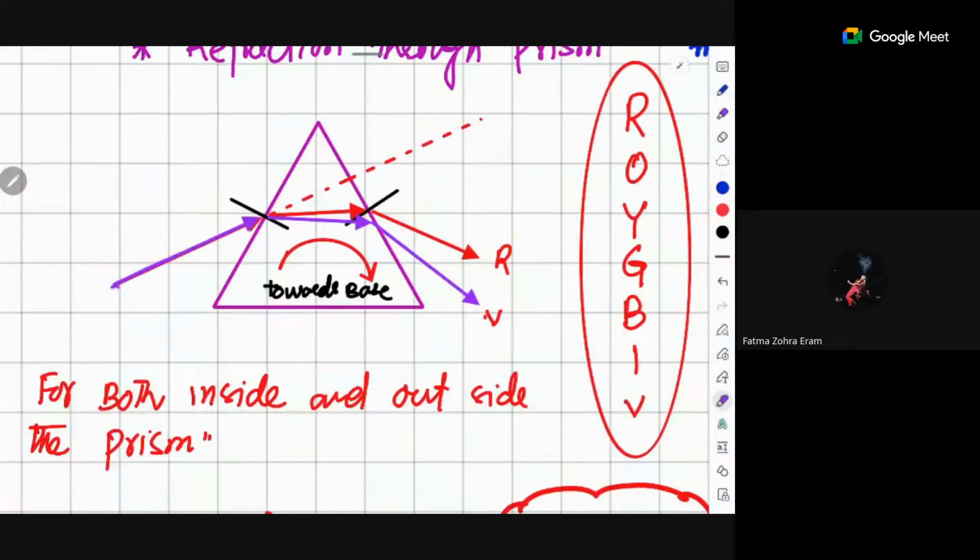Rather, it is deviated. Check this one out. This deviation of the light in the prism is due to refraction.